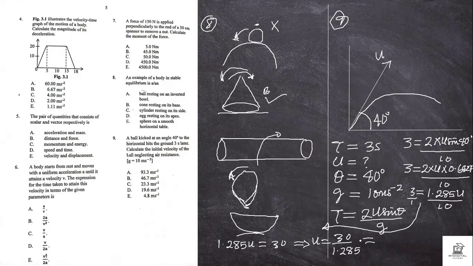So press your calculator, 30 divided by 1.285. That should give us 23.3 meters per second. Is this understood? That is option C, 23.3 meters per second.